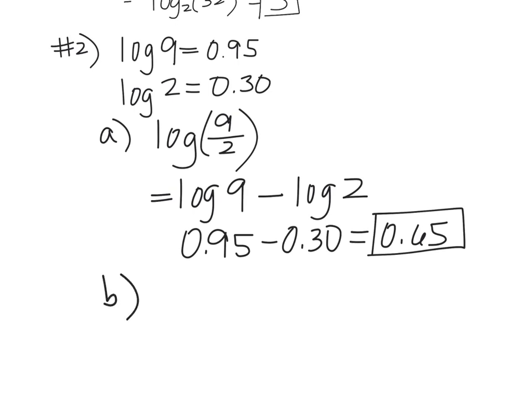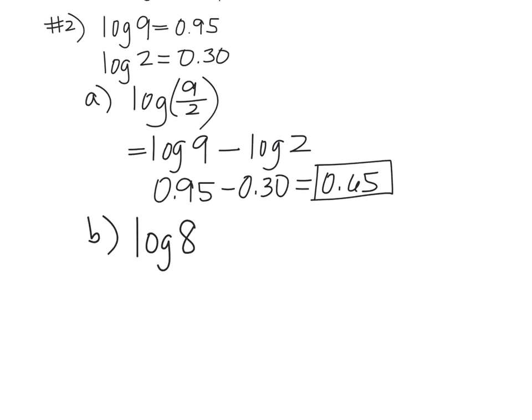That one's easy. Let's do a harder one. How about the log of 8? Well, they didn't give me log of 8. They gave me log of 9 and log of 2. We're thinking exponents. How can we get this 8 to be in something with 2 in it? We can rewrite this as log of 2 to the 3rd. Are you thinking that? 2 to the 3rd is 8.